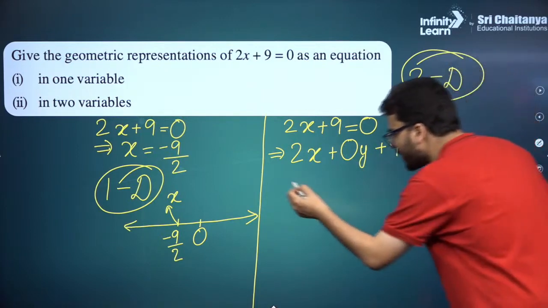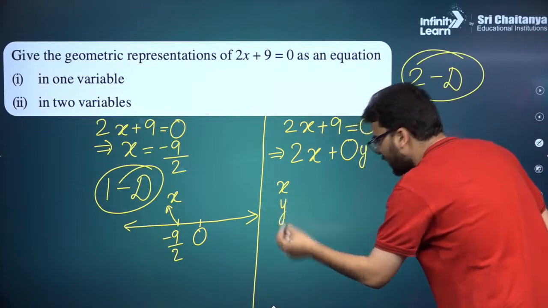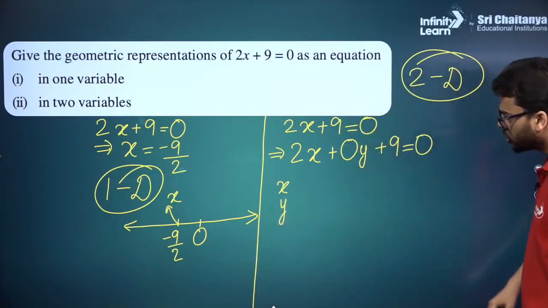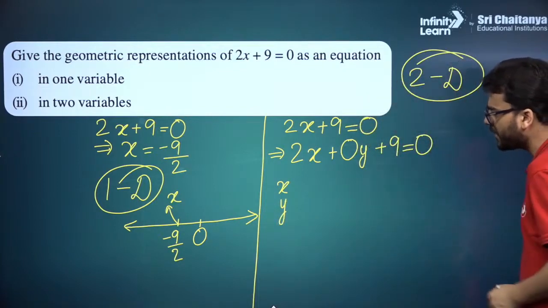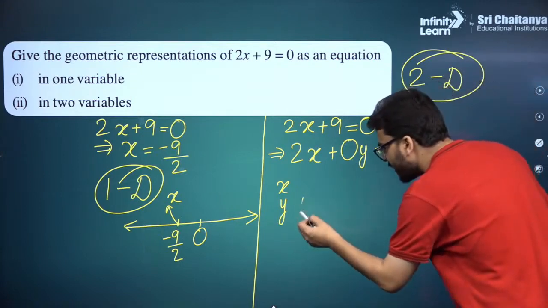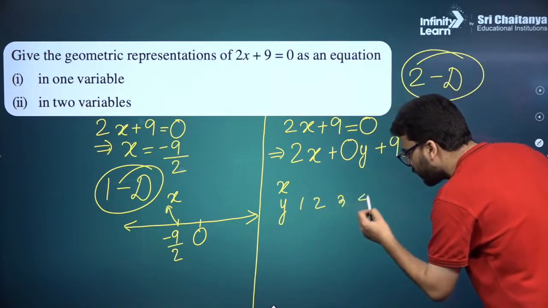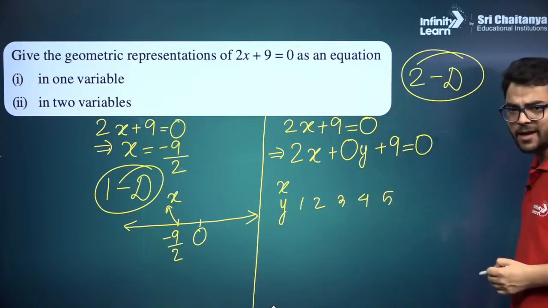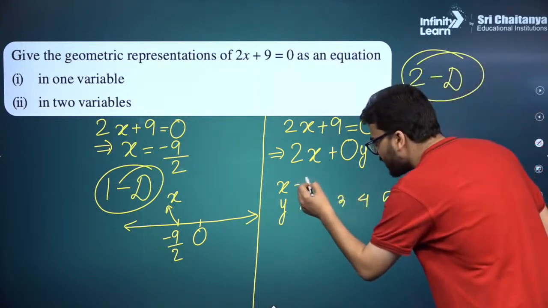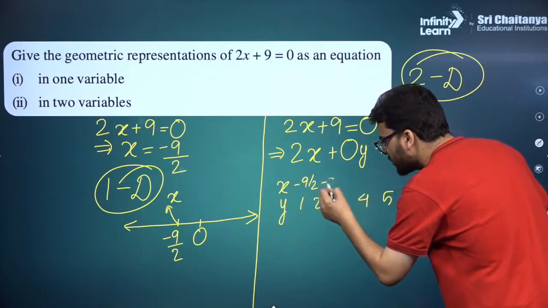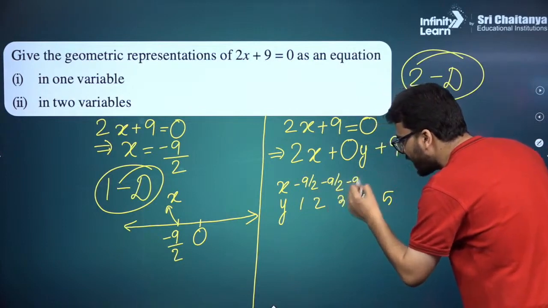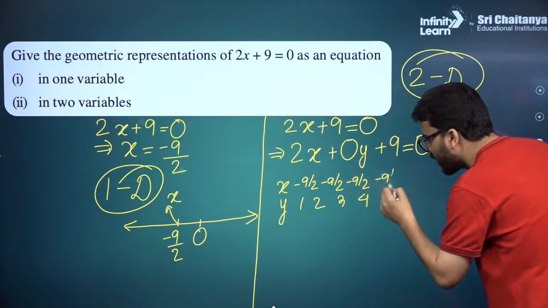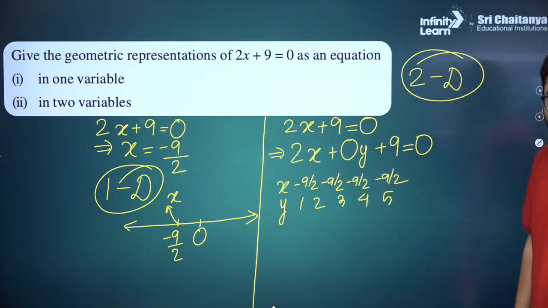So in order to draw the graph of it, suppose I am taking points over here. So you see, whatever may be the value of y, it can be anything, 1, 2, 3, 4, 5, whatever may be the value of y, x will every time be minus 9 by 2. You got that logic or not?